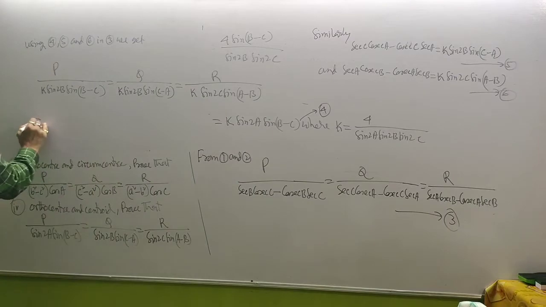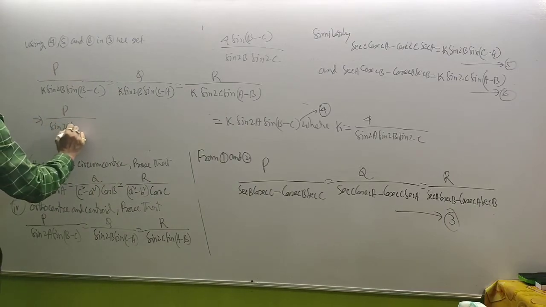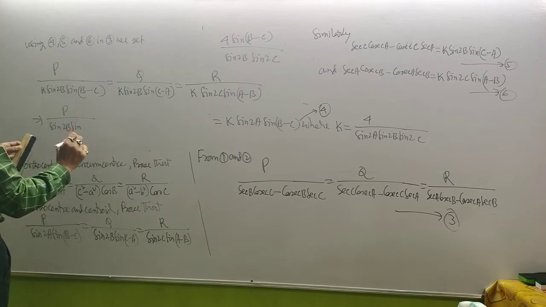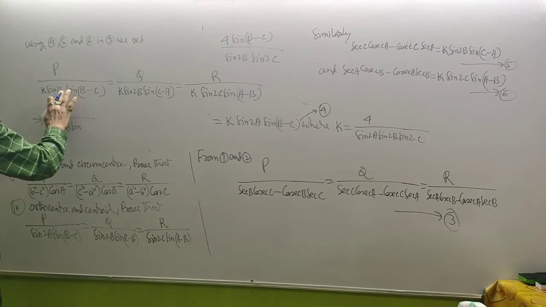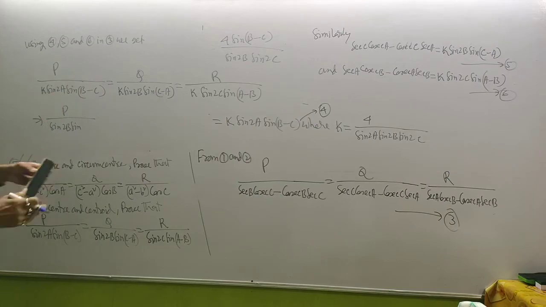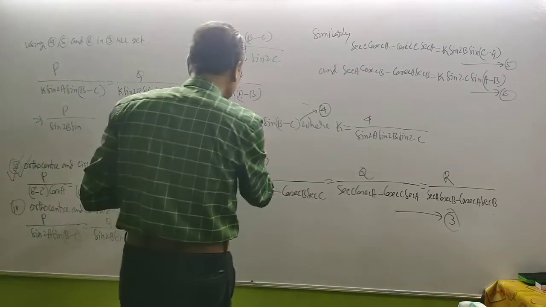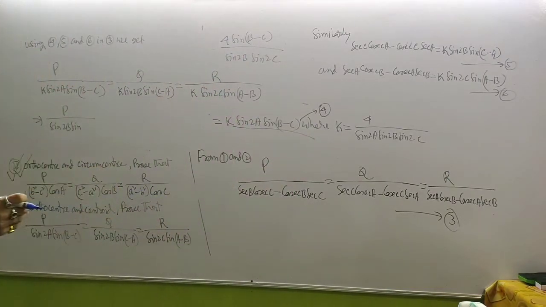K will be cancelled. Finally, you will get sin 2A, no, it is sin 2A, it is not sin 2B.